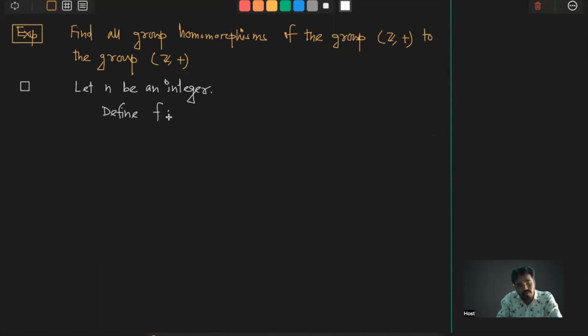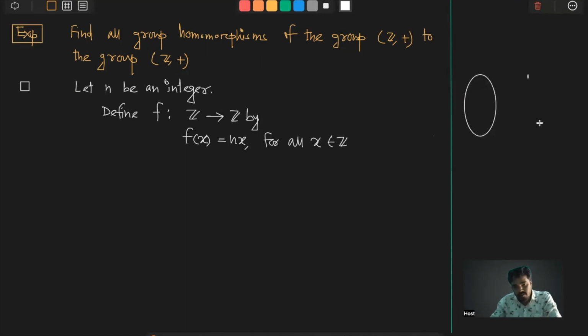We define a mapping from Z to Z by f(x) is equal to nx for all x belongs to Z. Therefore, f is a mapping from Z to Z. Z is a group with respect to addition, and Z is a group with respect to addition.